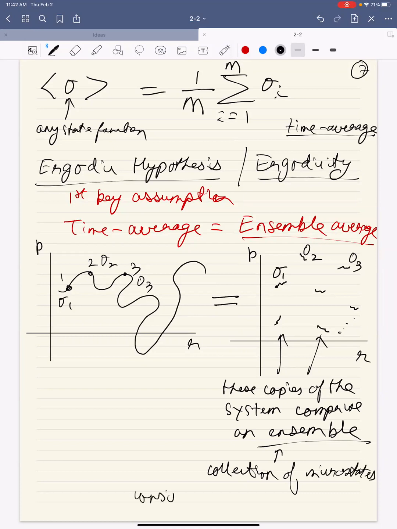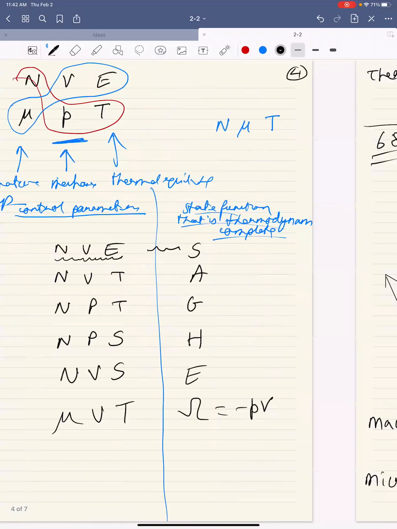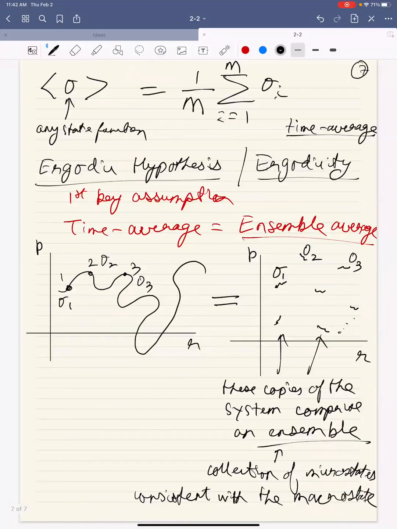consistent with the macro state. Okay, so we have some macro state. Maybe it is given as a function of NVE, maybe it is given as a function of NVT, mu PT, whatever you have. If you're like Nathan, then your macro state is probably given as a function of NPS, sorry.